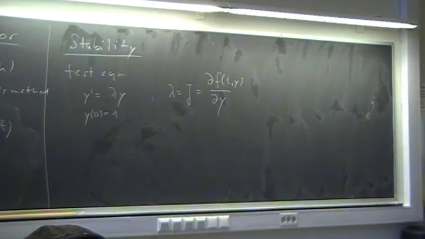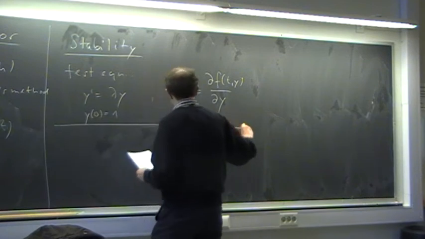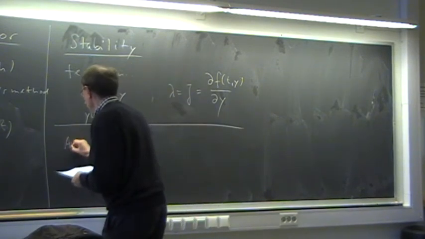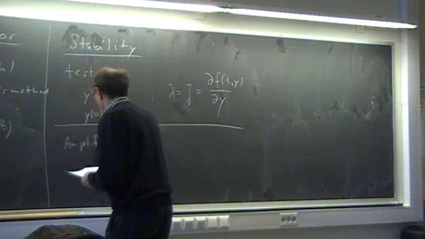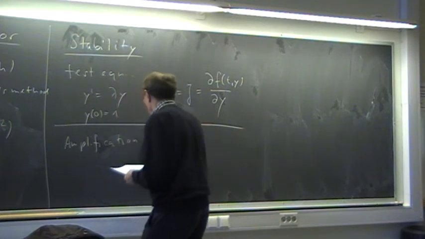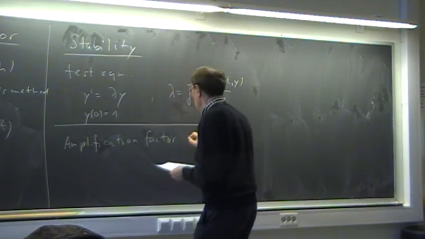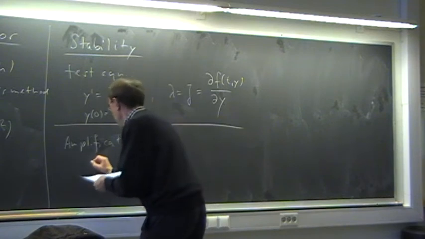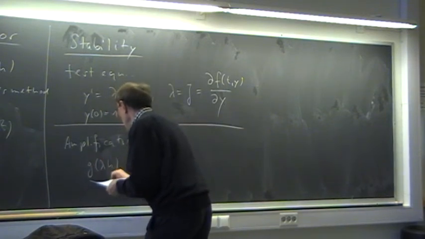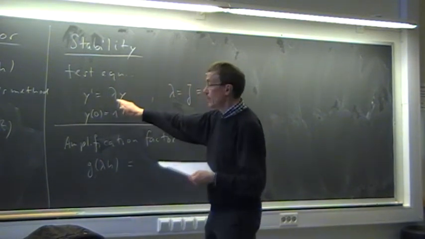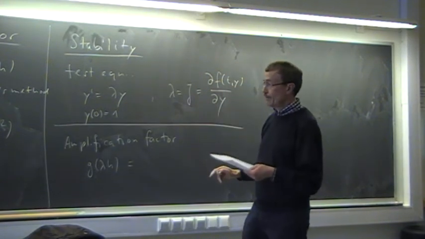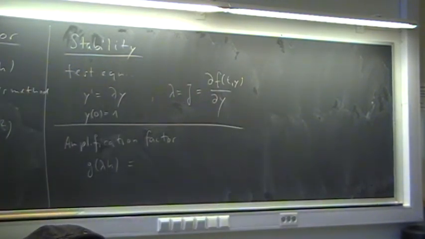We see it by applying our numerical method to solve the test equation and finding the amplification factor. We call that G of lambda h, where lambda is this lambda and h is the grid spacing.